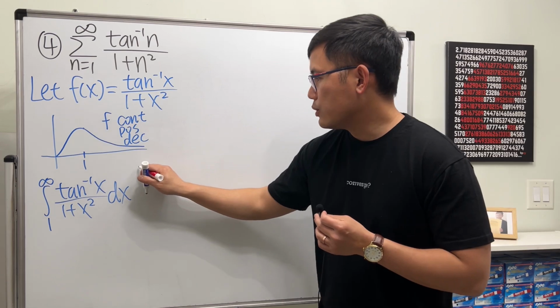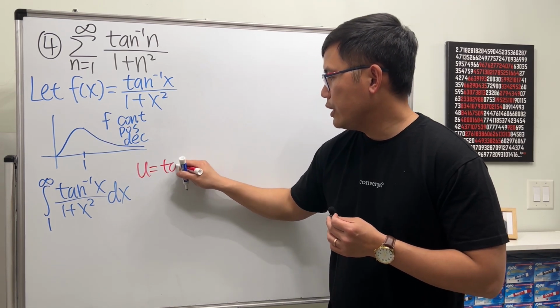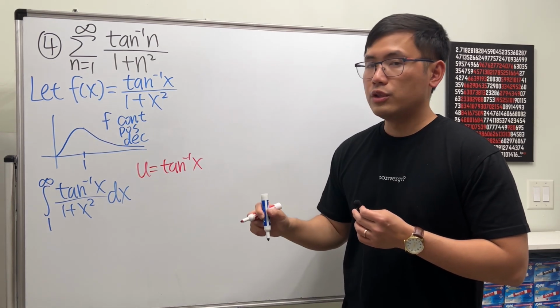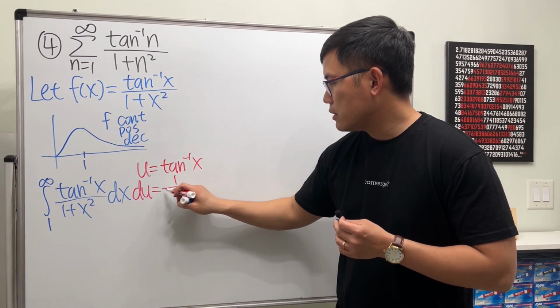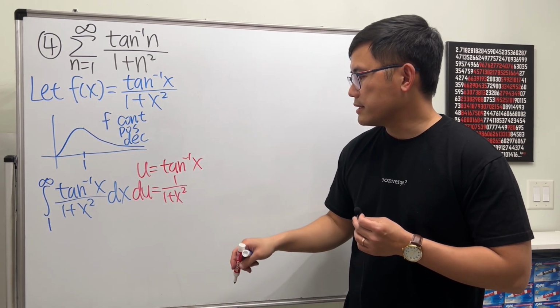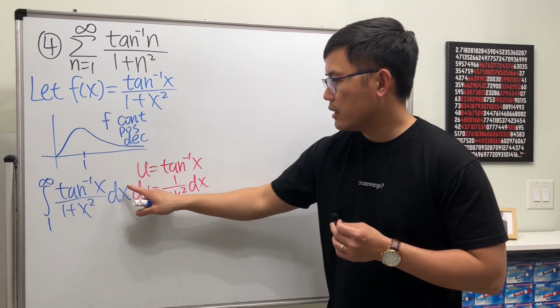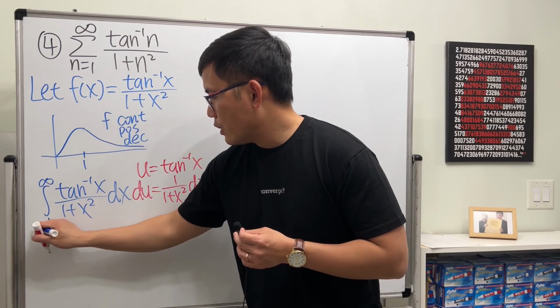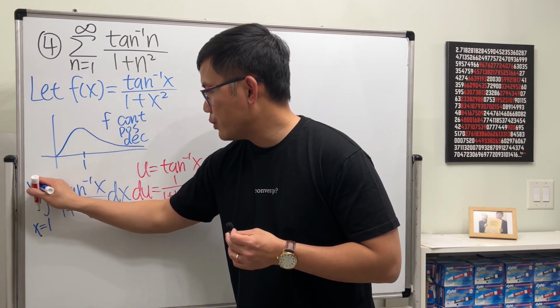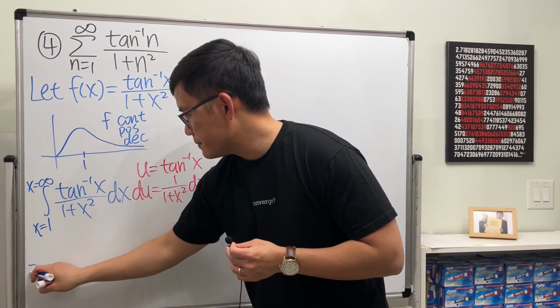For this, let's do a u sub, let u equal to inverse tangent of x. Take the derivative, we get 1 over 1 plus x squared, and that is exactly what we need for du. Now, x equals 1 up to infinity. Check this out.